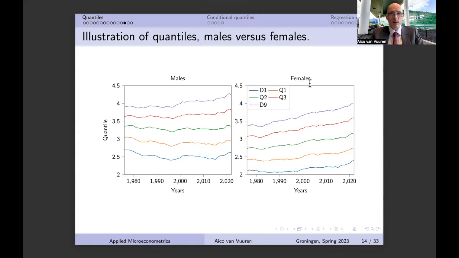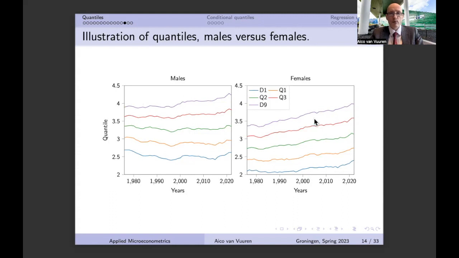Now you cannot directly see the differences in the distribution itself anymore, but we can look at the different quantiles and deciles based on these different figures that we have over here. So we start here at the first decile, here you have the first quartile, median, third quartile, and this is the last decile.